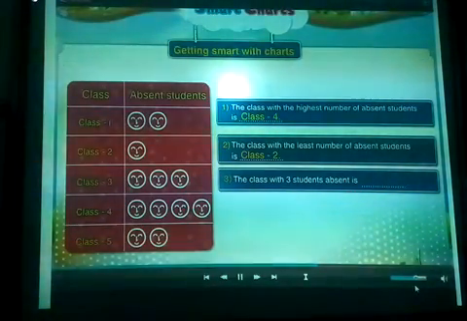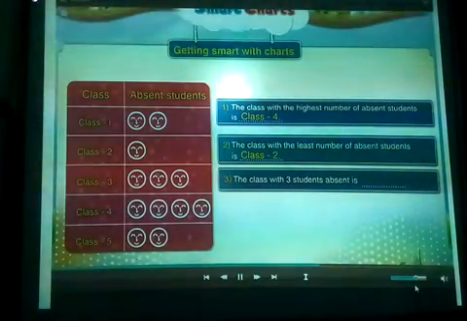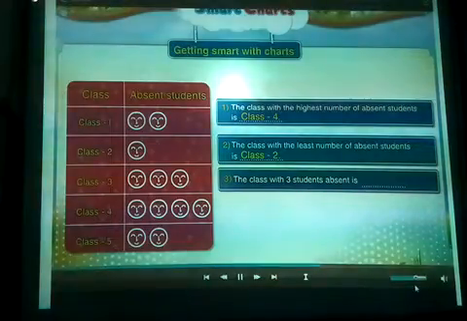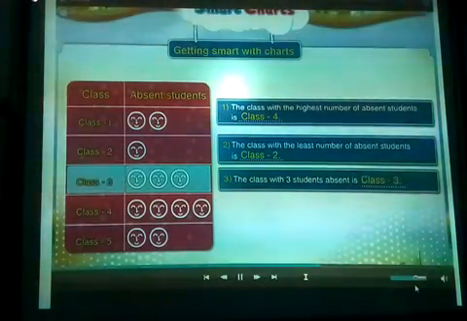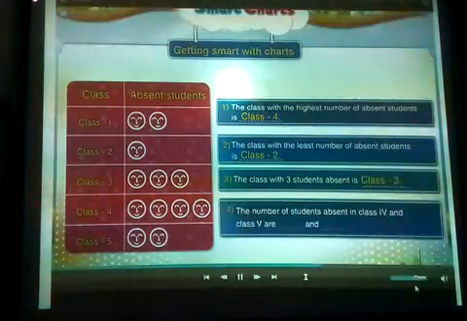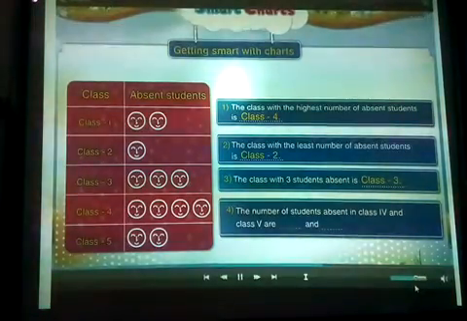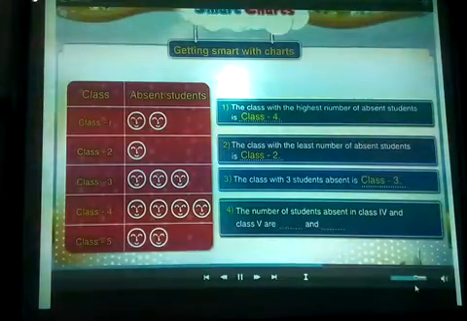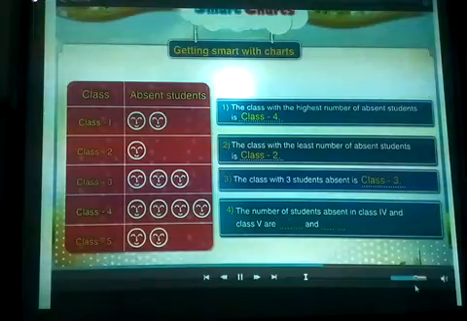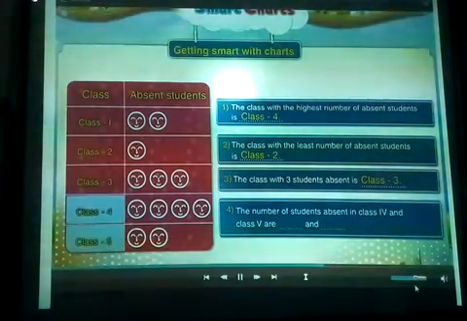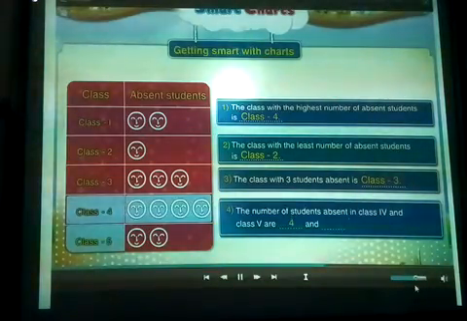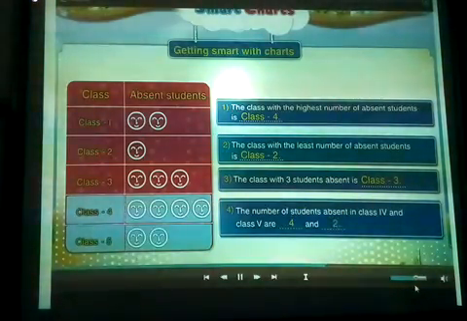The class with 3 students absent is dash. The class with 3 students absent is class 3. 4. The number of students absent in class 4 and class 5 are dash and dash. The number of students absent in class 4 and class 5 are 4 and 2.